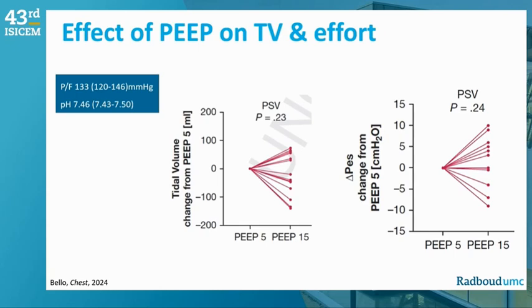PEEP 5, PEEP 15, and this is what I see in my ICU as well. With a higher level of PEEP, in some patients tidal volume increases, in other patients it decreases. Respiratory effort, as changes in esophageal pressure: in some patients with higher PEEP, effort increases, in other patients it decreases.